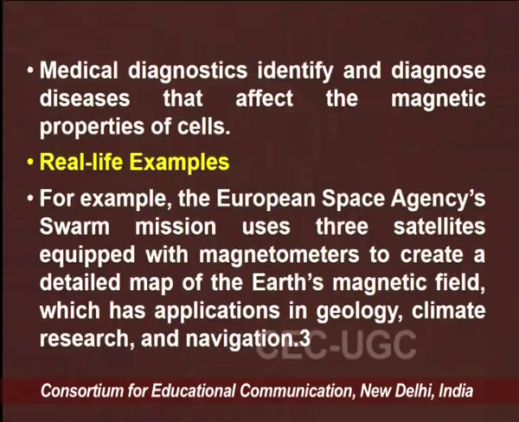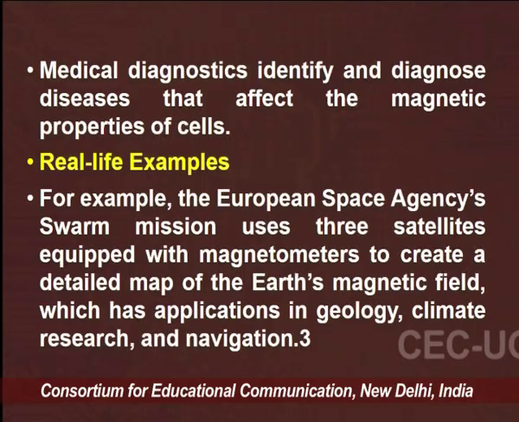Another is medical diagnostics, to identify and diagnose diseases that affect the magnetic properties of cells. You all know about NMR and the various diagnoses we can do through this magnetic field.